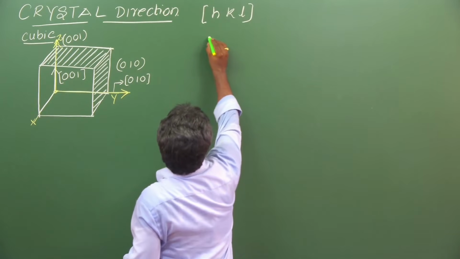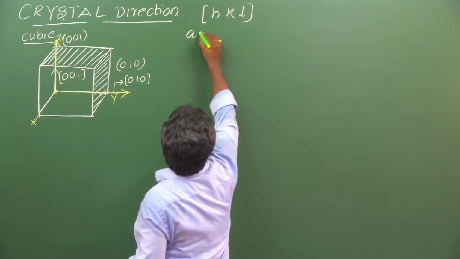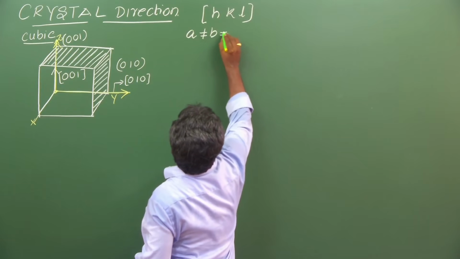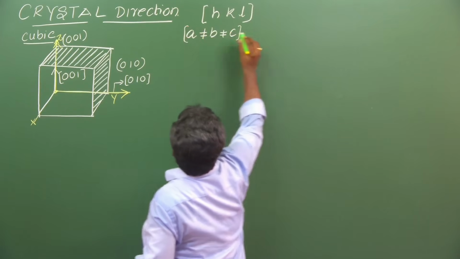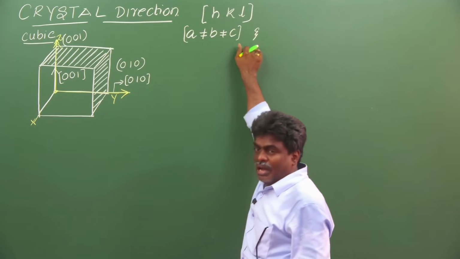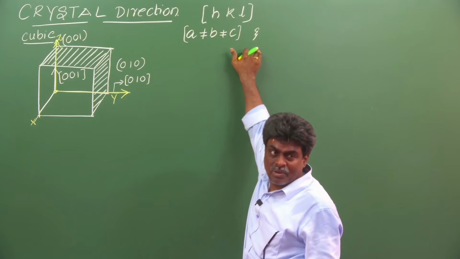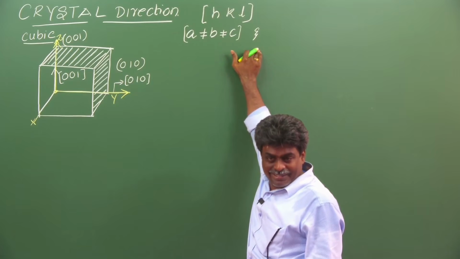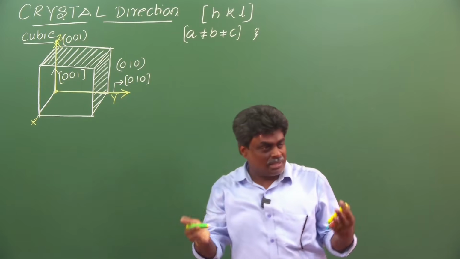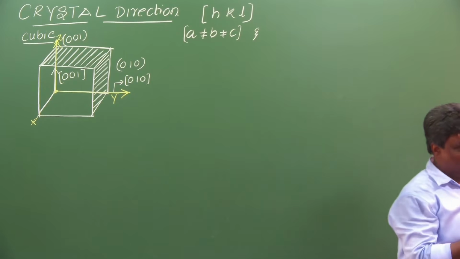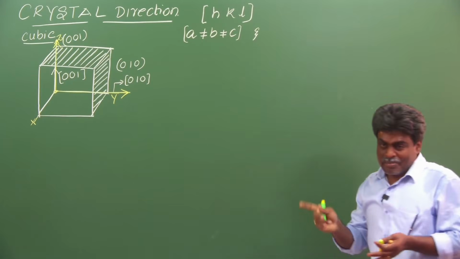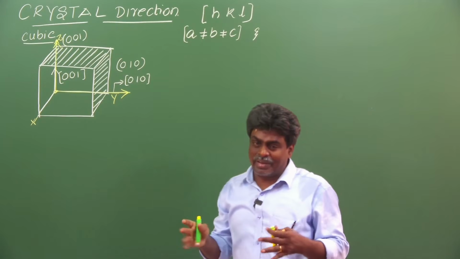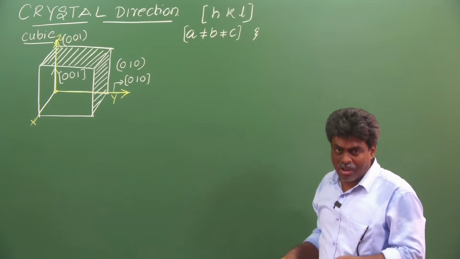Now here I am taking a system. A is not equal to B is not equal to C, but alpha, beta, gamma equal to 90 degrees. Why? Because it's very typical to draw for me. So the maximum possibility is A not equal to B, but alpha, beta, gamma not equal to 90, it's not possible for me to draw and to explain.